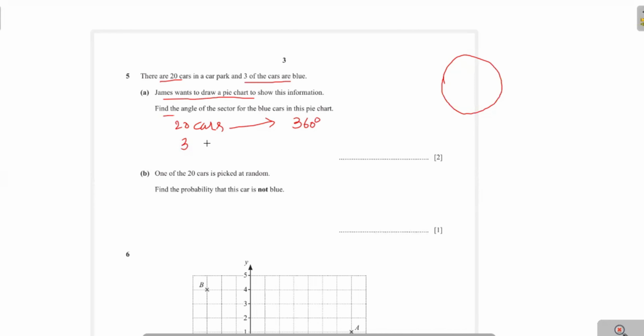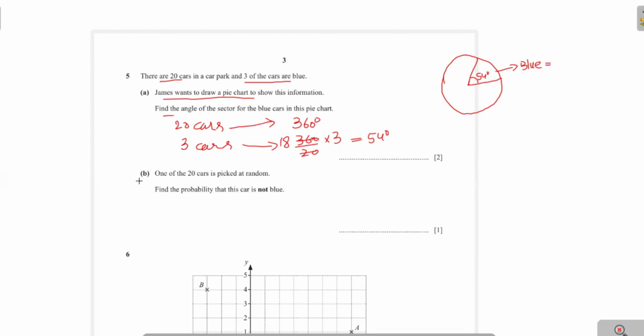For the 3 cars, the angle will be 360 divided by 20 multiplied by 3. 360 divided by 20 is 18. Therefore, 18 times 3 is 54 degrees, the angle of the sector for blue cars. This section of the circle shows the number of blue cars.